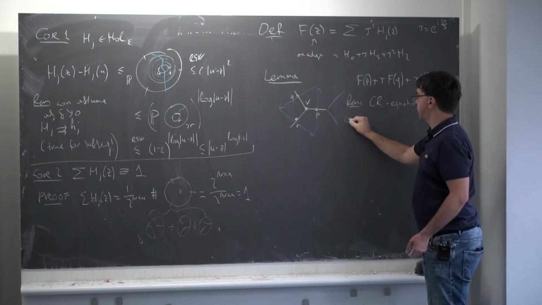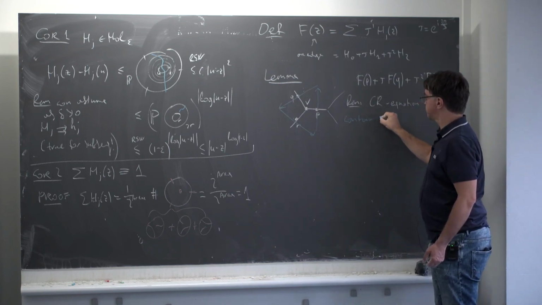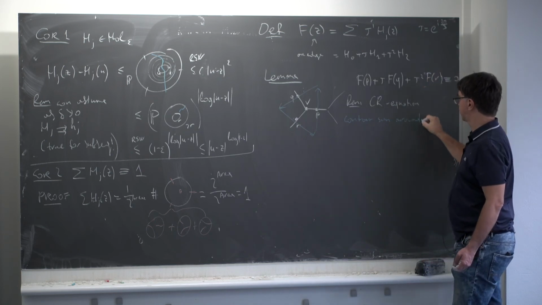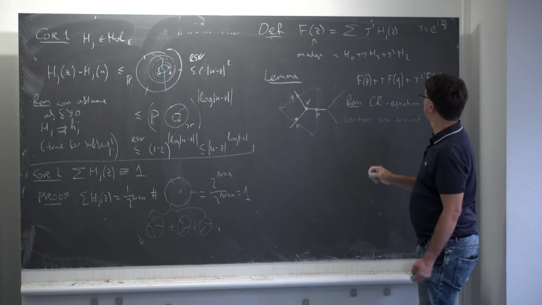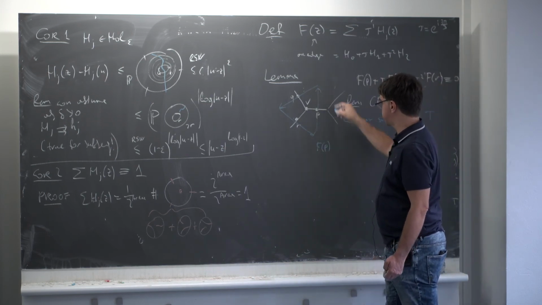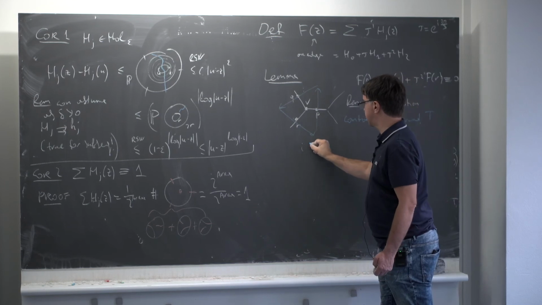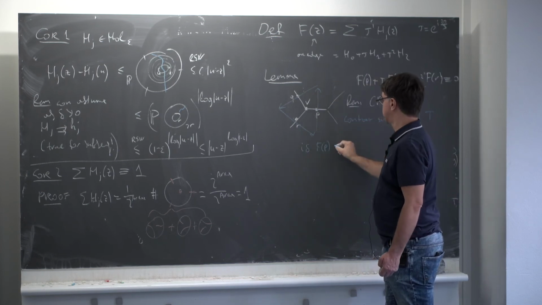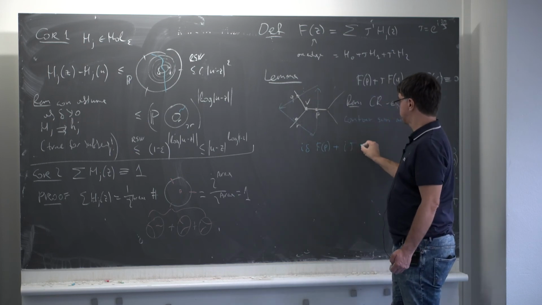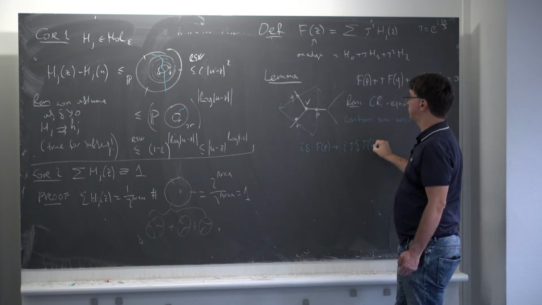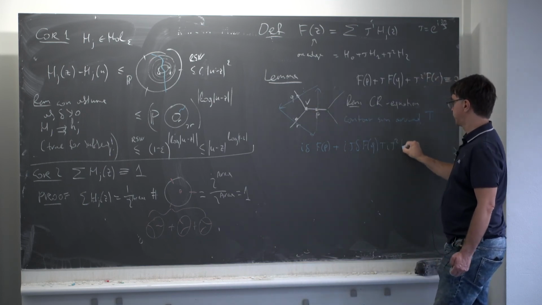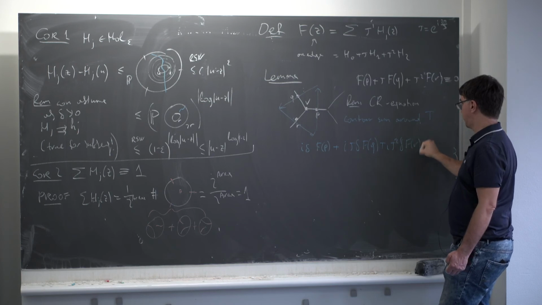So the contour sum around this triangle, around triangle T, will be f of p times this edge and its length, let's say delta, plus I rotated by tau times delta f of q, plus I rotated by tau squared delta f of r.